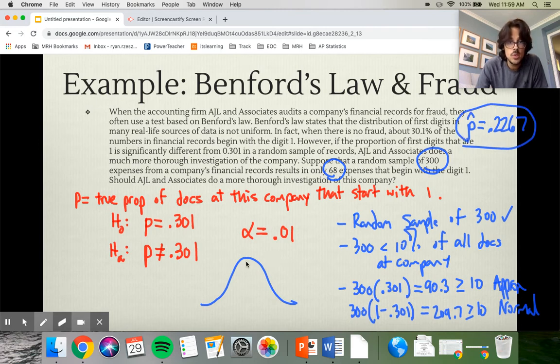So they were supposed to get 0.301. They got 0.2267, but because it's an alternative hypothesis that is not equal to, I would not only wrap up this area, I would also need to worry about the corresponding area on this side.